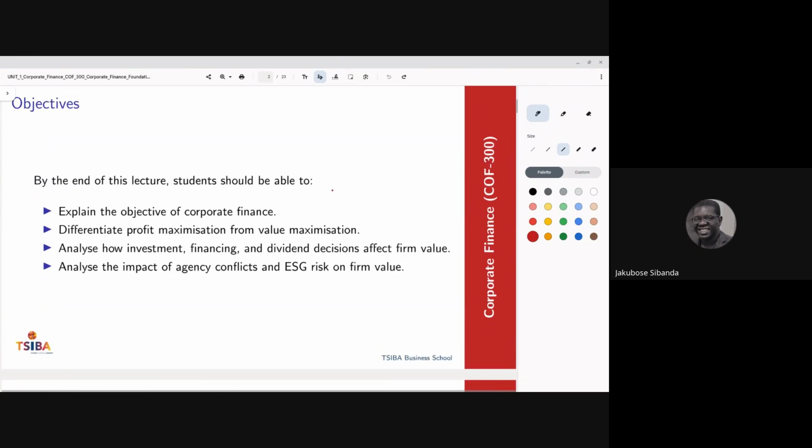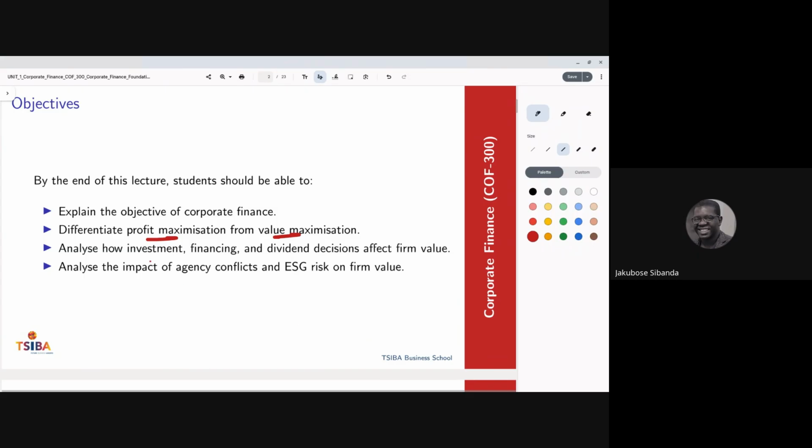So in this lesson, we are going to try and explain the objective of corporate finance. What is the objective? Why does corporate finance even exist? We want to differentiate between profit maximization and value maximization. What are the differences between profit and value?